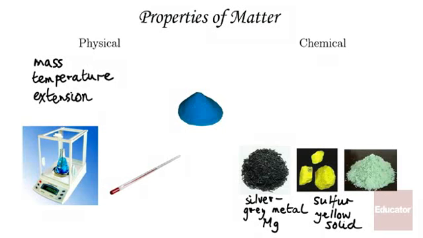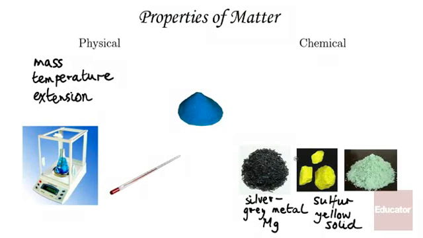These two materials can be characterized by their physical properties. They have specific densities, they have specific colors, etc. But they can also be characterized in conjunction by their chemical properties, because if we mix this metal with the sulfur and warm them together, a vigorous change occurs, a vigorous chemical reaction.